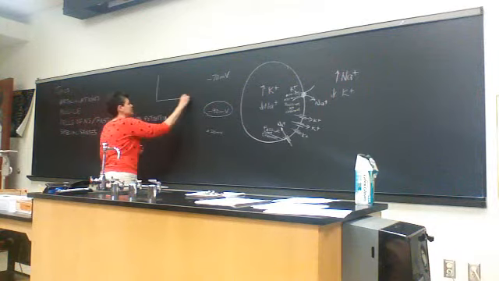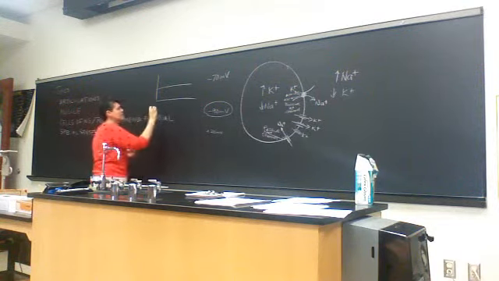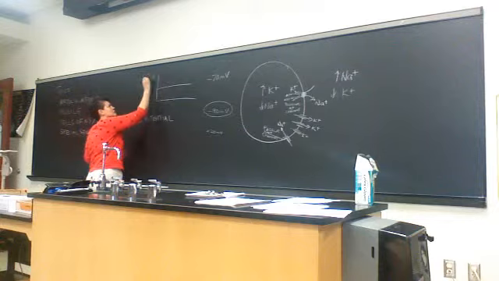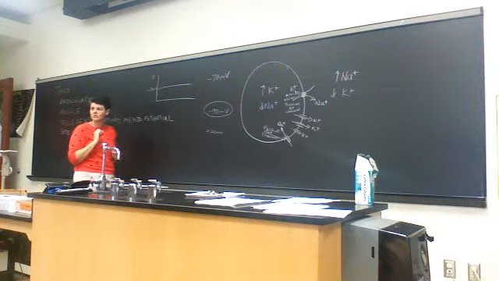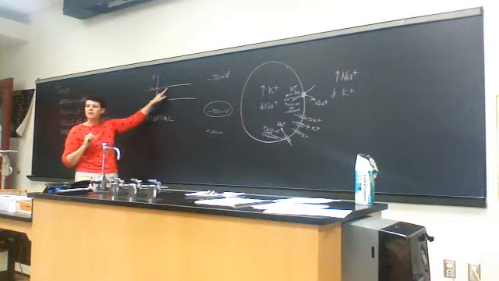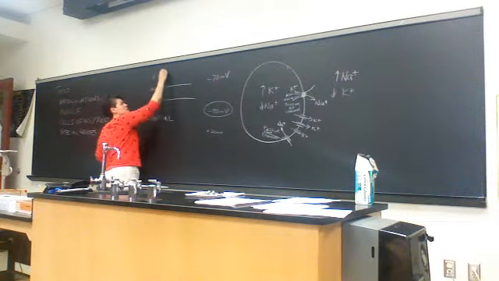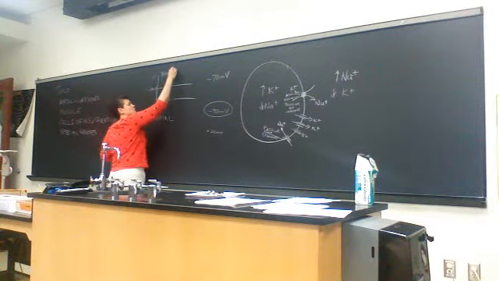Okay, so that's just definition. So here is 0, and here we're at minus 70 millivolts. This is where we start out. Depolarization is you're getting closer to 0.